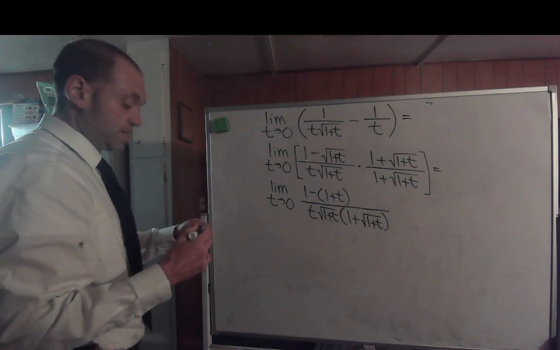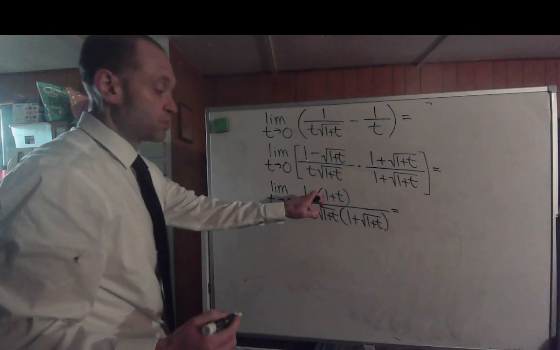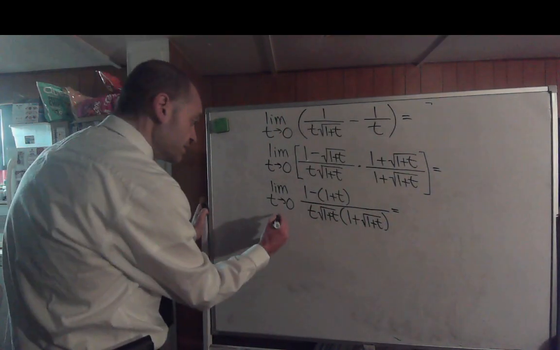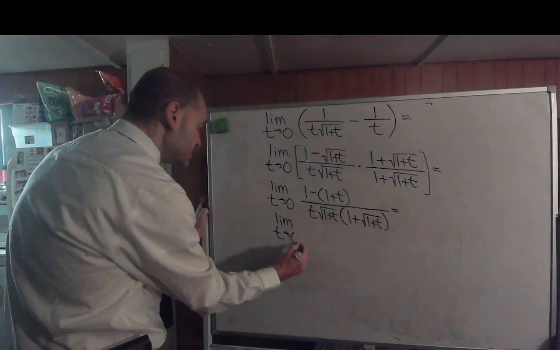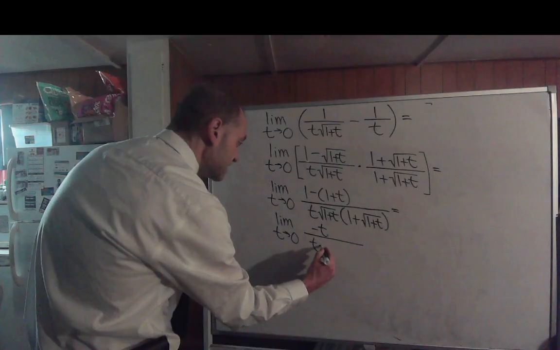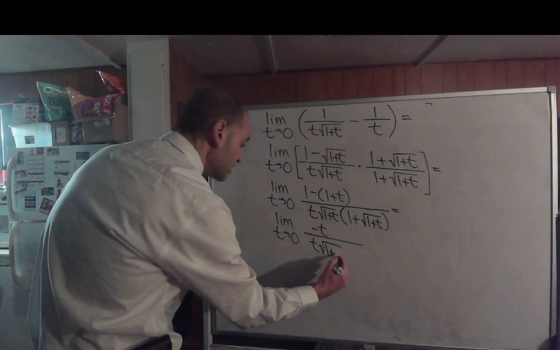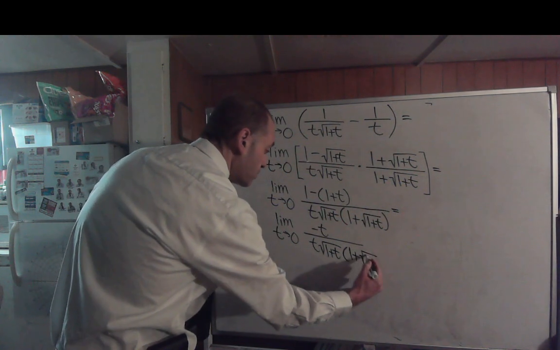And let's see what you get here. So in the numerator, 1 minus 1 is 0, you're just left with the negative t. So you would end up having the limit as t approaches 0 of negative t all over t times the square root of 1 plus t times 1 plus the square root of 1 plus t.